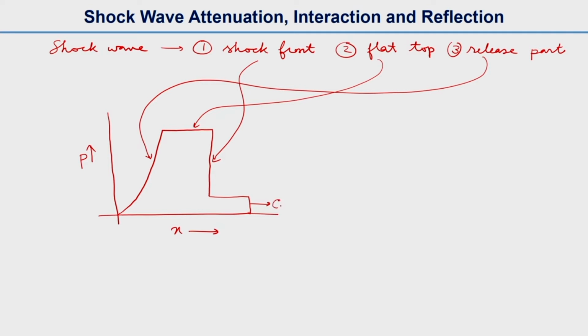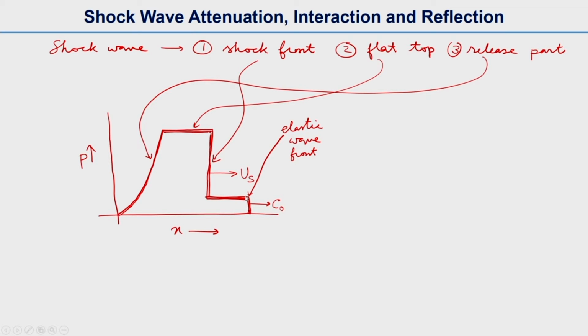So the elastic wave is traveling at a speed of c0, and the plastic wave, that means the shock front, will travel at a speed of Us. We can tell that this is the elastic wave front. This looks a little bit messy, but I hope you have this diagram clear.